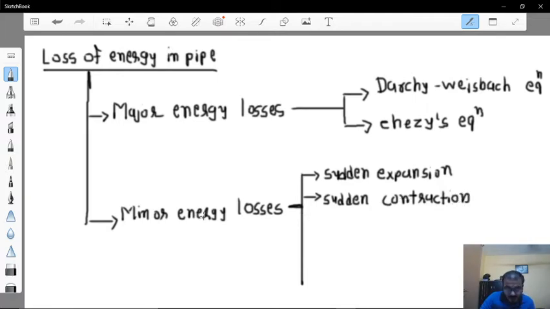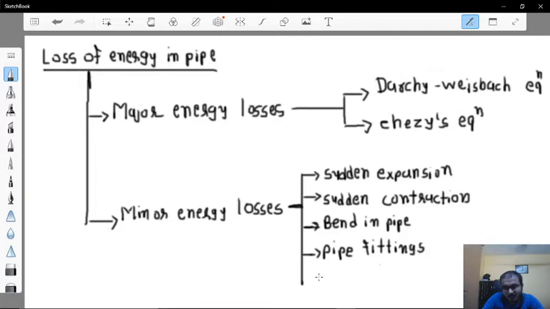Then bend in pipe. Pipe fittings. And the last one is obstruction in pipe.